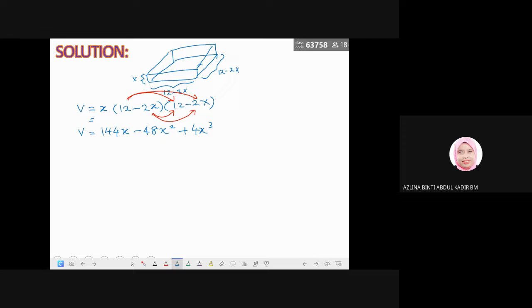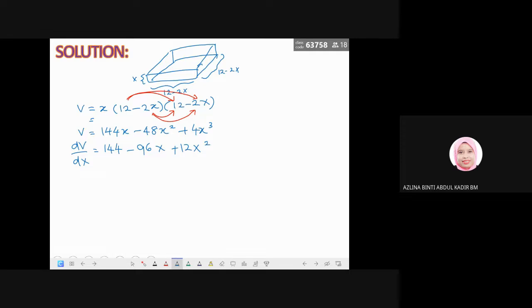Since we have the equation V in terms of X, that means you can differentiate V with respect to X. So dV/dX is equal to 144 minus 96X plus 12X squared. Differentiate correctly.